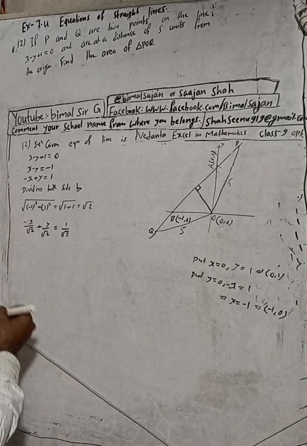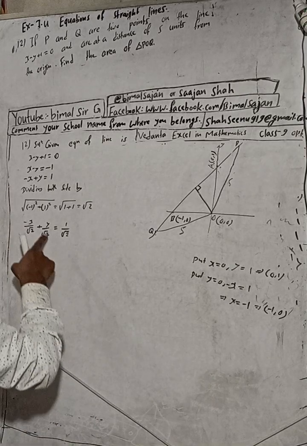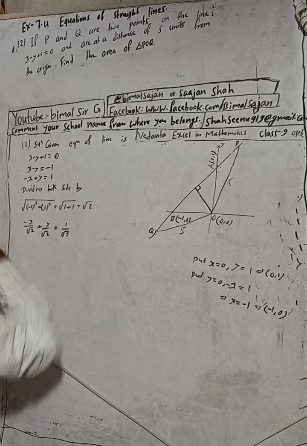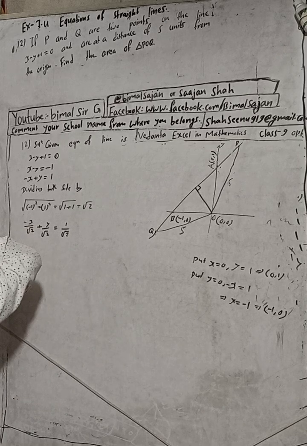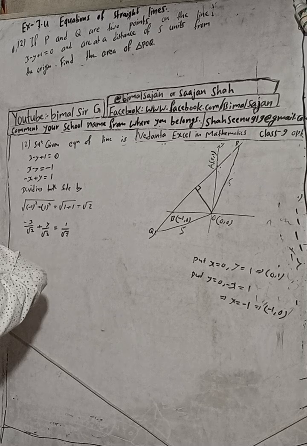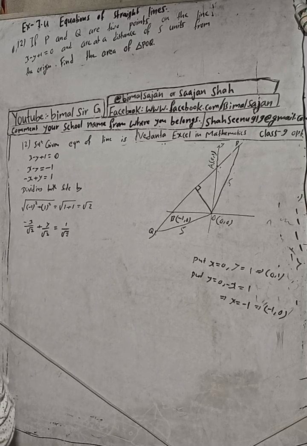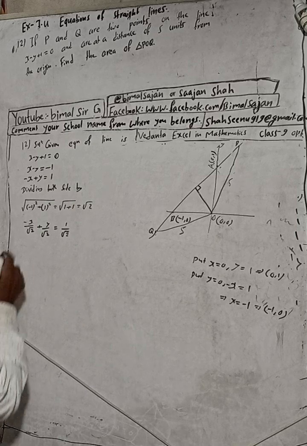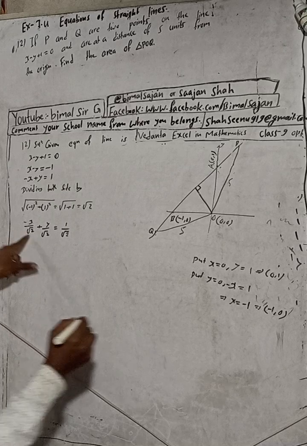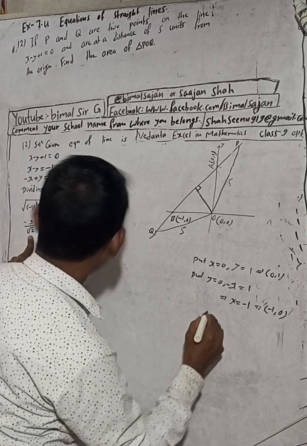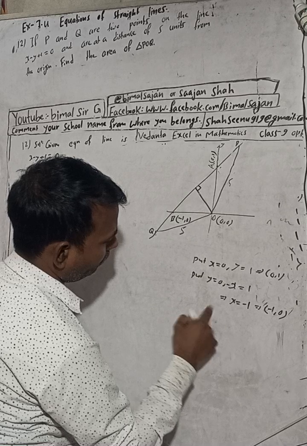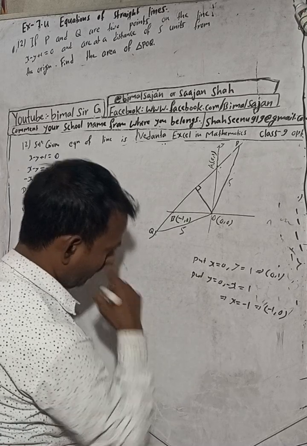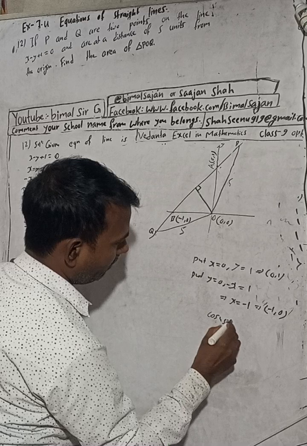Now we have minus x by √2. 1 by √2 is the value of cos 45 degree.